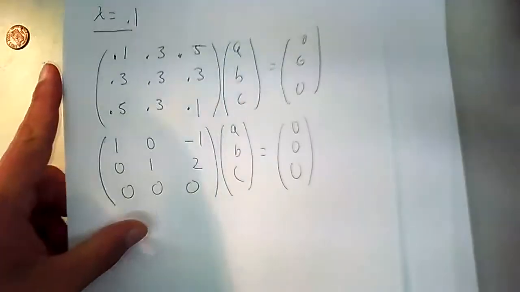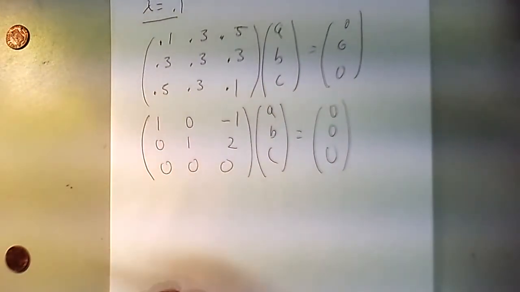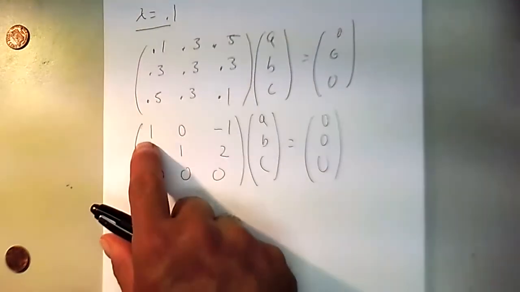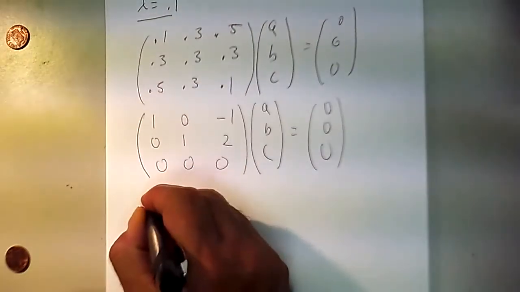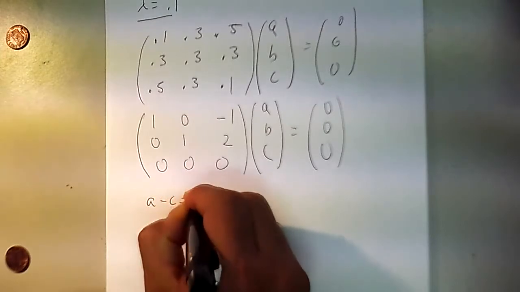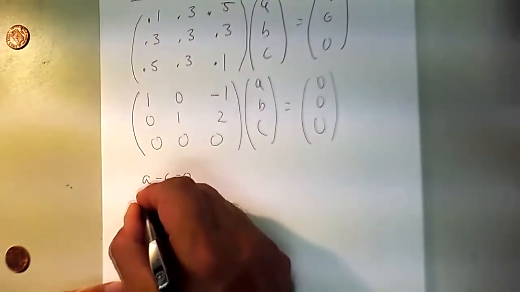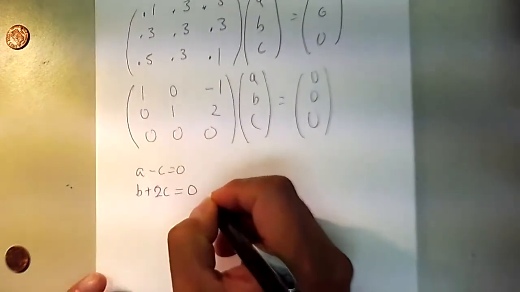Okay, so now after the row reduction completely, we end up with this new matrix. So this reduces down to that. And that means that A minus C equals 0, and B plus 2C equals 0.